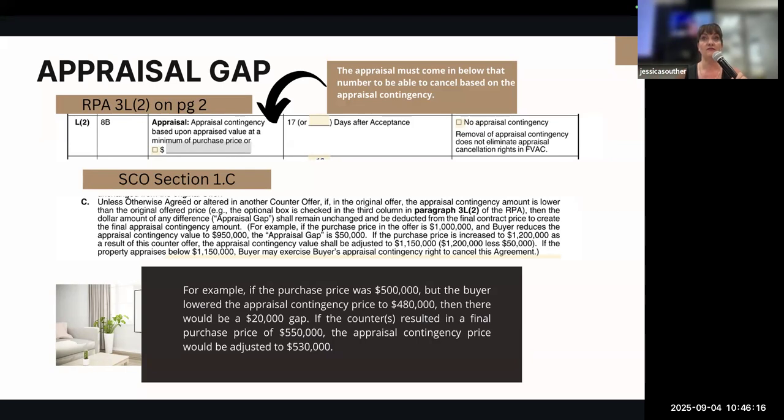We have $5,000 to play with if it doesn't come in at 405, so I'm going to write 400 in this box on L2. And that makes sure that if it does appraise for 400, they are still paying 405 because they have that $5,000. If it appraises at 395, then you'd go back to negotiating, but they've still got a $5,000 gap.